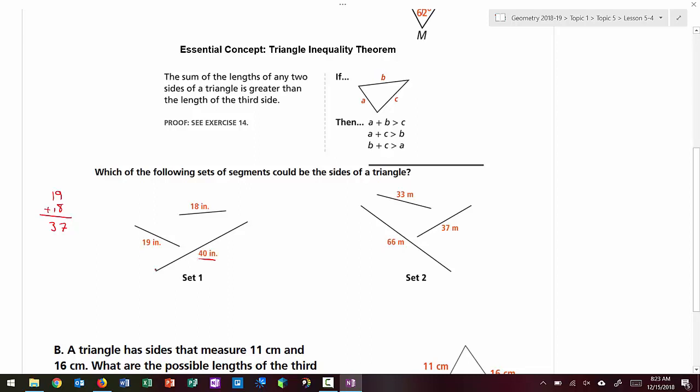So basically, if I were to lay my 19-inch side here and my 18-inch side here, that's what my picture would look like. I couldn't get a triangle because they won't lean against each other. If we looked at the second example, 33 plus 37 is going to give you 70. And 70 is larger than 66. So that would allow me to lean them against each other, almost like if you're building a fort.